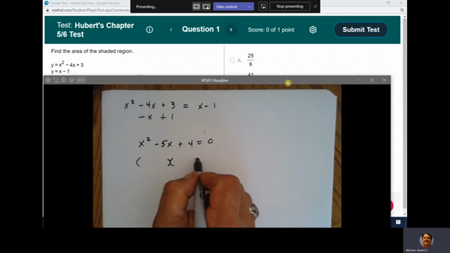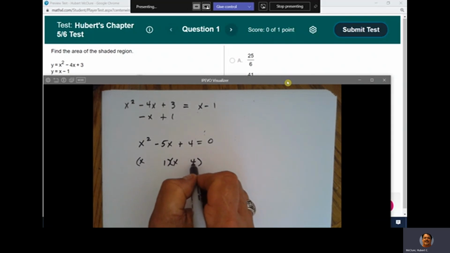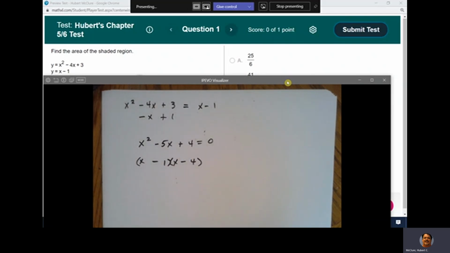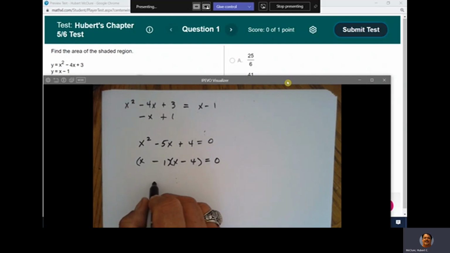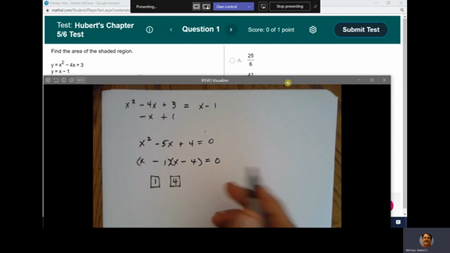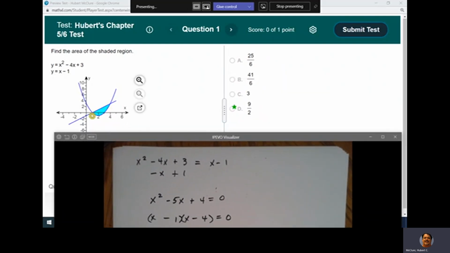Reverse FOIL: x minus 1 and x minus 4. We got an intersection point at 1 and an intersection point at 4. So your 2 points of intersection are 1 and 4.